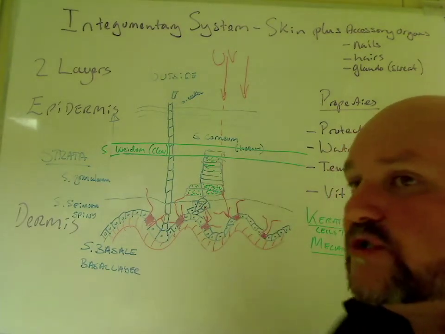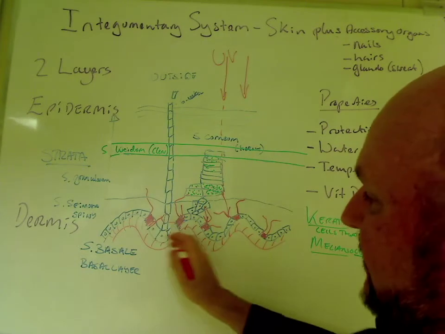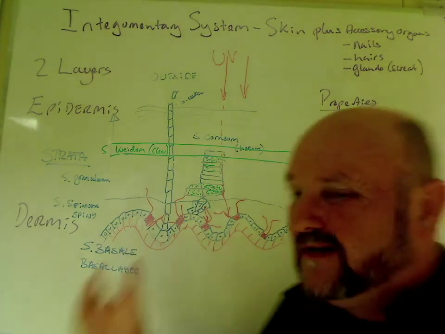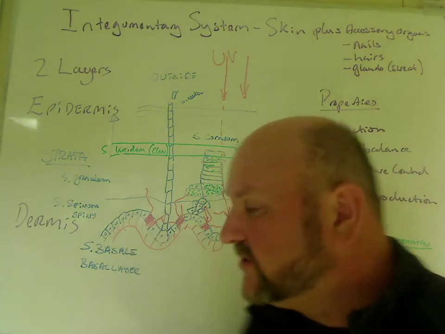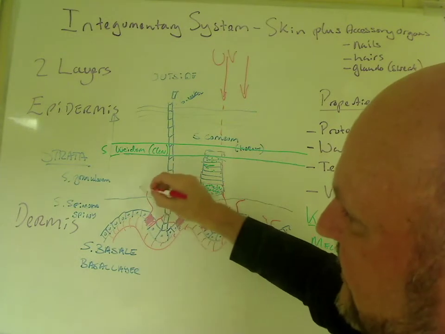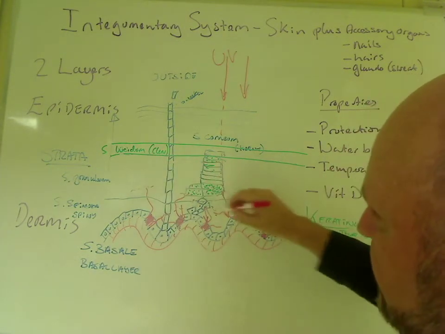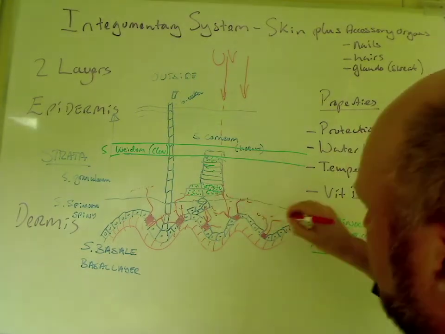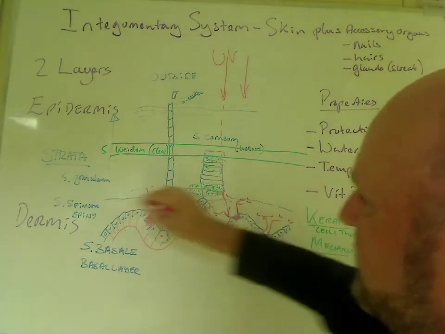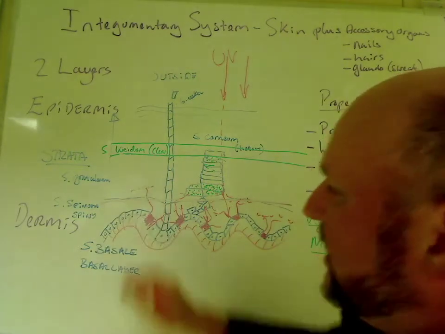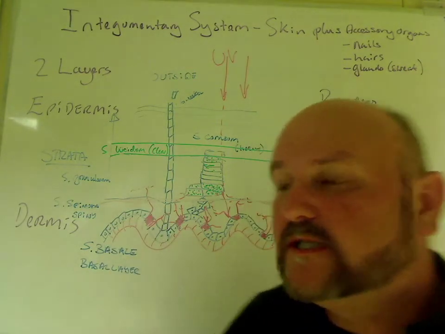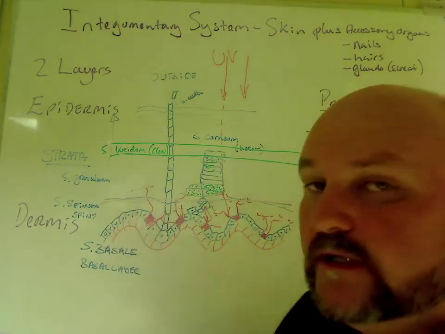So the melanocyte is stimulated to produce melanin. Now it doesn't just store it in that cell. If it stored it here, here, here, and here, and here, it's not going to really protect very much. So what it does is it leaks it out of its tendrils. So it starts to leak all the way out here. So basically along here. It's picked up by the keratinocytes in the spinosa layer.